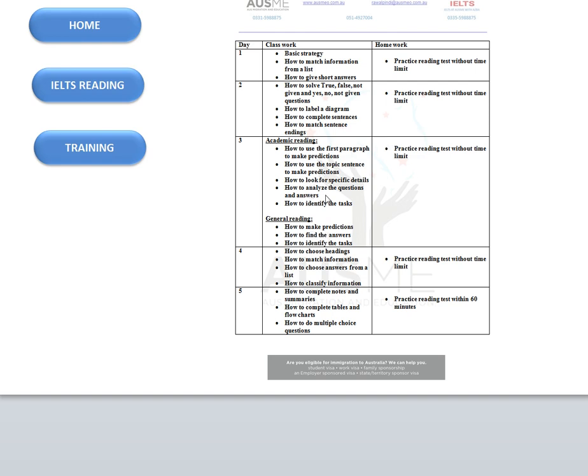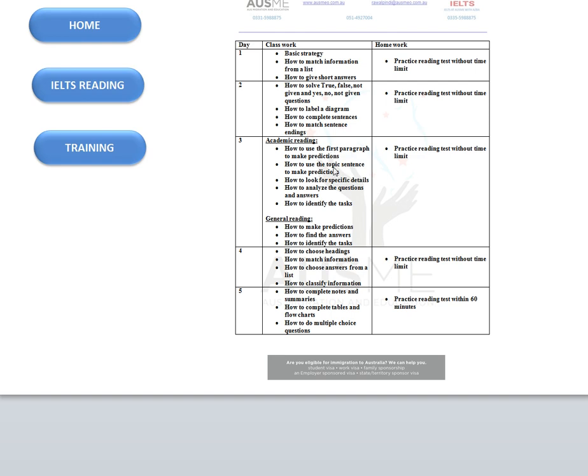So in that time, we have the third class separately for academic students and separately for general students, because these are some skills that you need specifically for academic IELTS reading and some specific for general IELTS reading. So for example, for academic IELTS, we teach you on how to make predictions using your first paragraph and also the topic sentence.